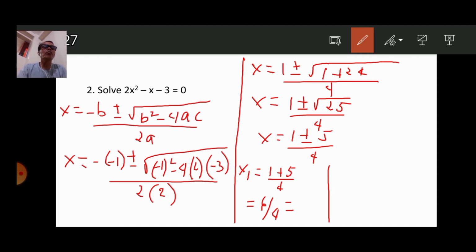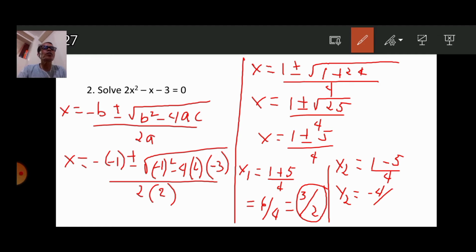So, dividing both numbers by 2, 6 divided by 2 is 3 and 4 divided by 2 is 2. So x sub 1 is 3 over 2. Now x sub 2 is equal to 1 minus 5 over 4, so x sub 2 is equal to 1 plus negative 5, which is negative 4 over 4.